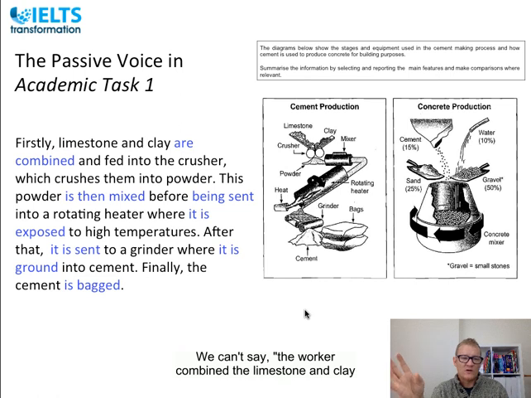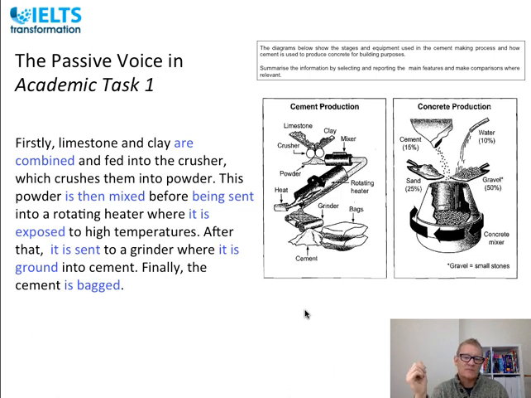We can't say the worker combined the limestone and clay and fed it into the crusher, because it doesn't show that in the diagram. So you have to be able to do this well for the process. And writers that don't do that well have a disaster in the process.